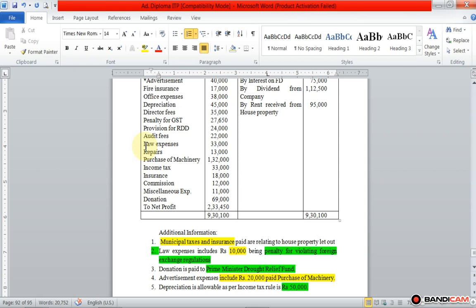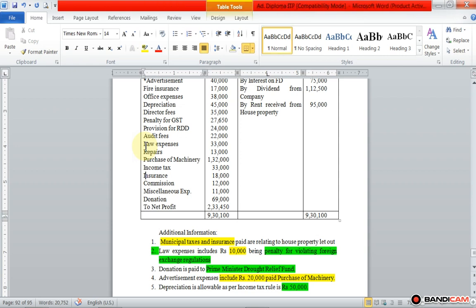So 20,000 is a disallowed expense of the company, because it is a capital expenditure, and capital expenditure is not an expense of the business.